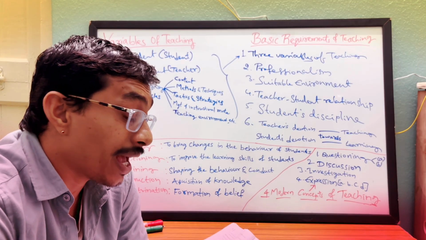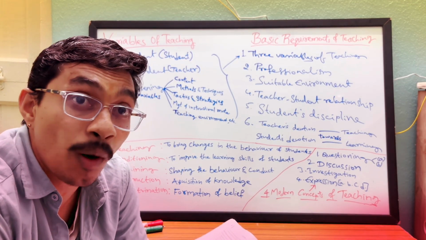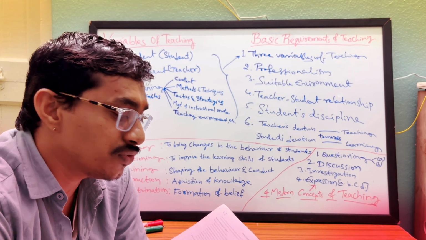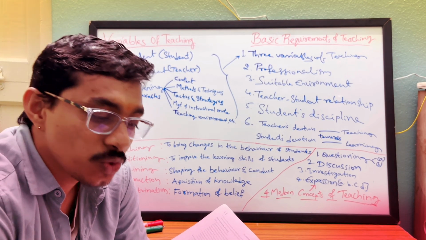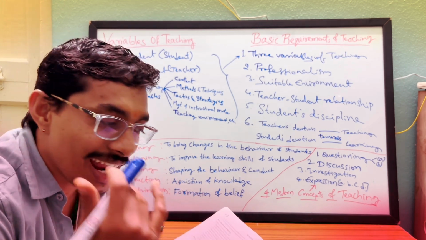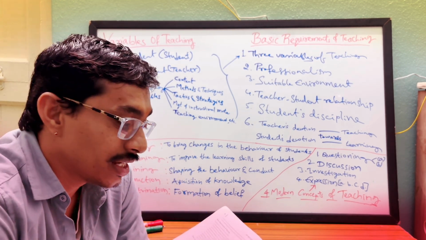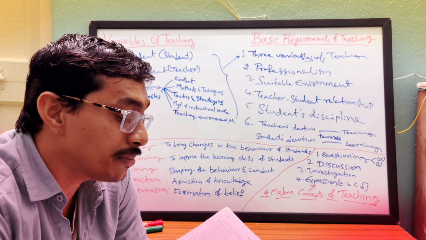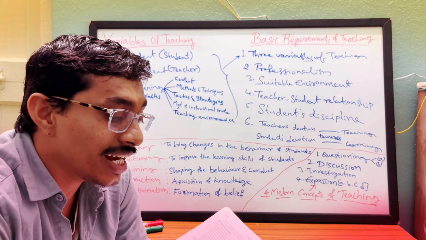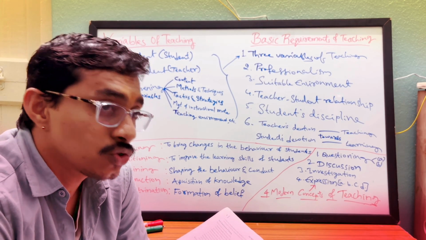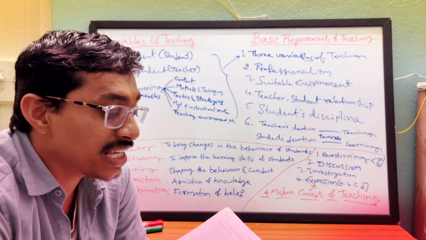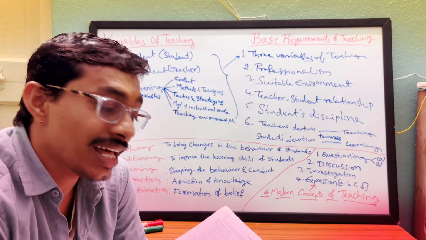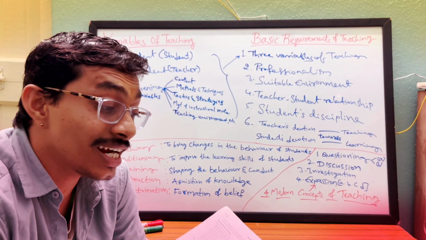Next, learners are not passive objects. See here, the students are not passive objects. They are not objects. For long, the child or the learner was viewed as a natural or given category. So they are viewed as just a given category. They are there like that. It is not correct. This undermines the importance of the fact that the development of the learner is intimately linked to changes in the socio-cultural and historical conditions in a given society. So if we take the child as a passive object, then we won't give importance to the fact that development of the learner is intimately linked to changes in socio-cultural and historical conditions.